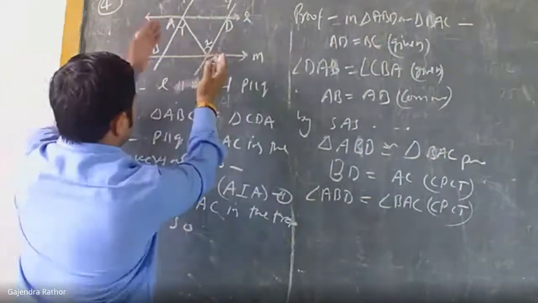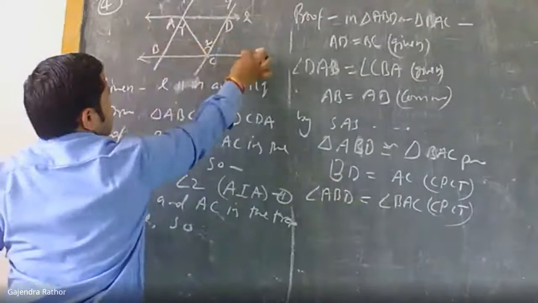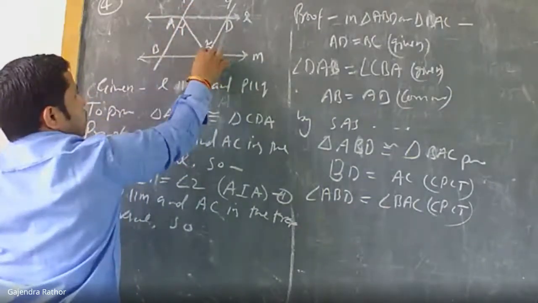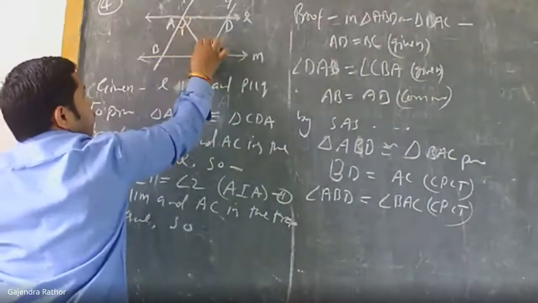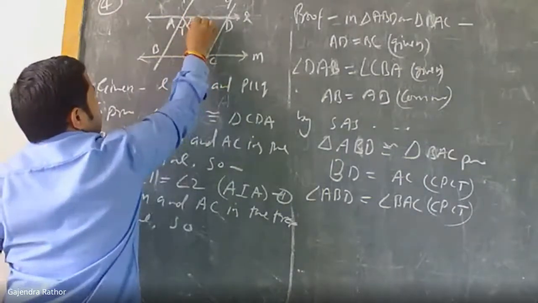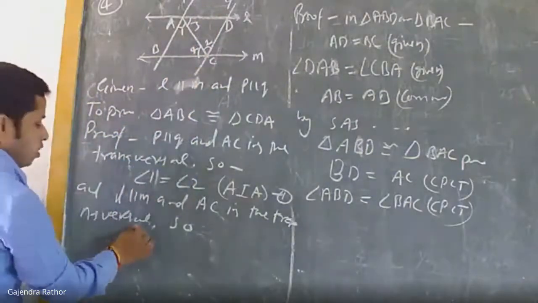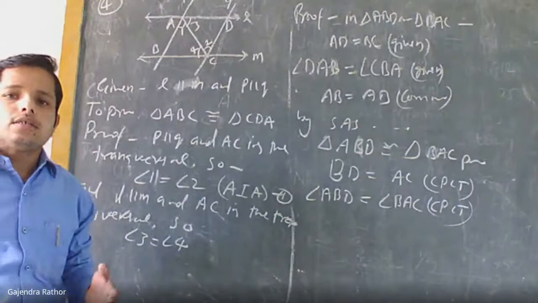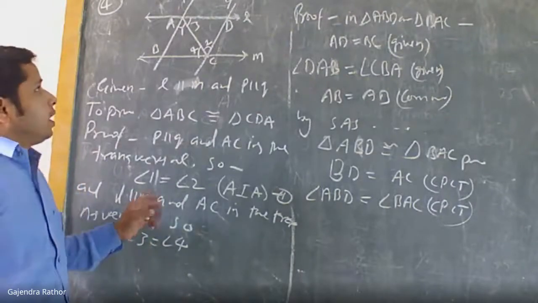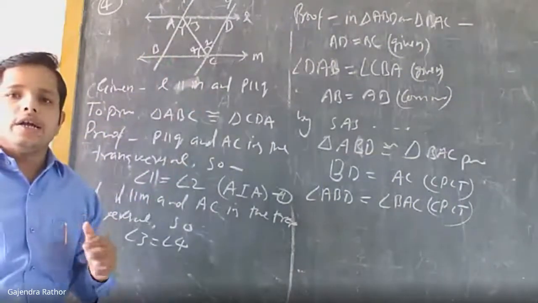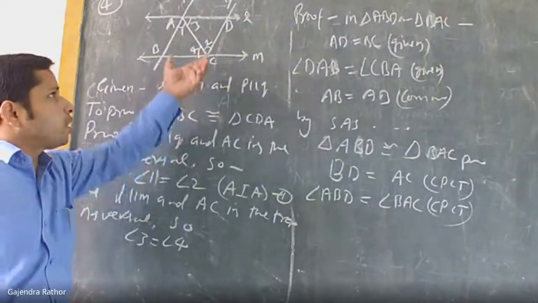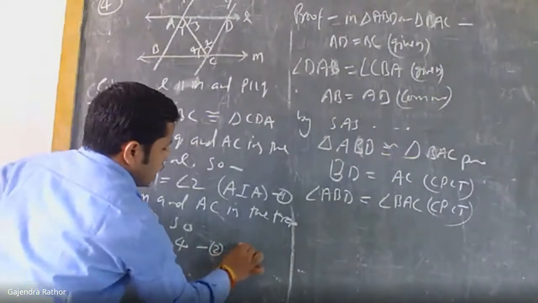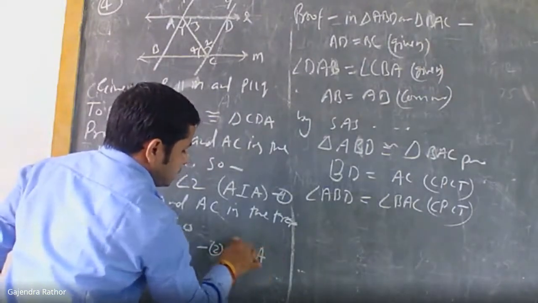So now observe this line and this line. This is the transversal. So again two angles are forming. Name them 3 and 4. The angles are also equal because angles 3 and 4 are alternate interior angles forming between the lines L and M. Again, this is equation number 2, alternate interior angles.